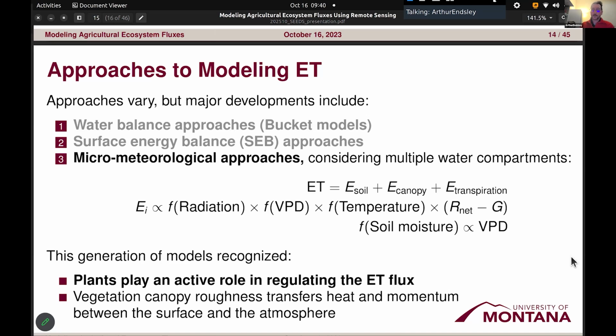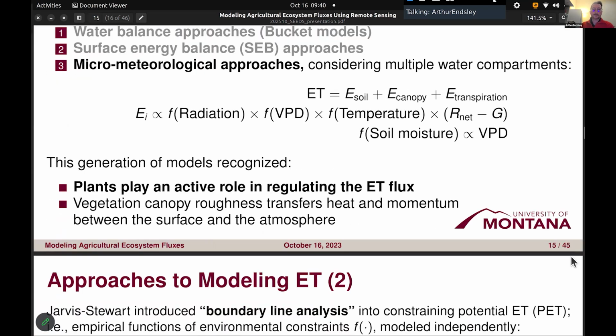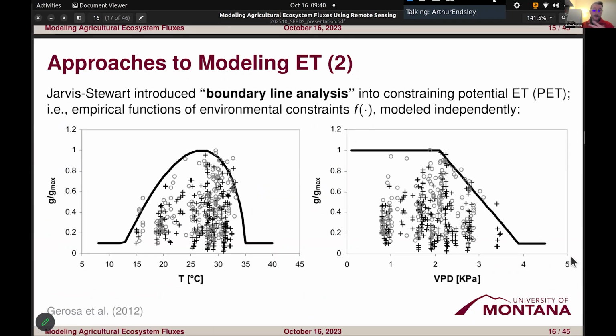One of the innovations that made this generation of models possible was Jarvis and Stewart, who introduced this boundary line analysis, where in this example, on the vertical axis, we have stomatal conductance normalized by its maximum value, but essentially what we're trying to do is model the response of evapotranspiration to temperature, or to VPD.